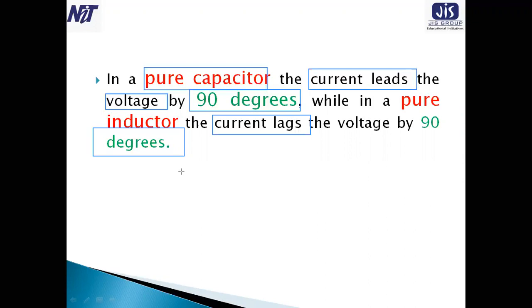Whether it is a leading or lagging power factor, everything depends on whether the circuit is capacitive or inductive. So just remember, for a purely capacitive circuit, current leads voltage by 90 degrees. For a pure inductor, the current lags the voltage by 90 degrees. These are the basic concepts.